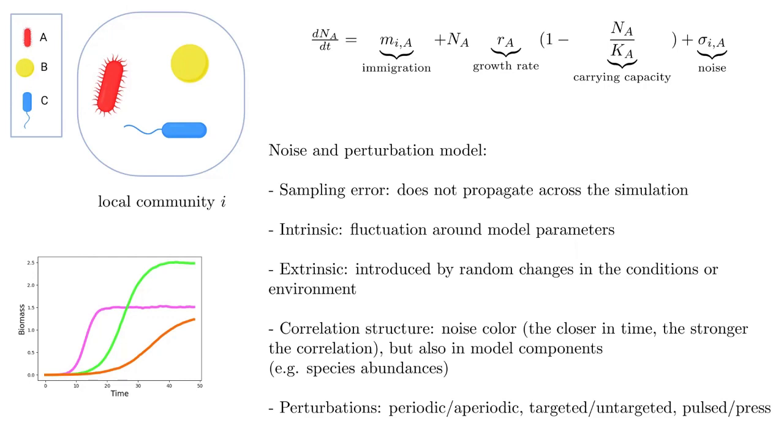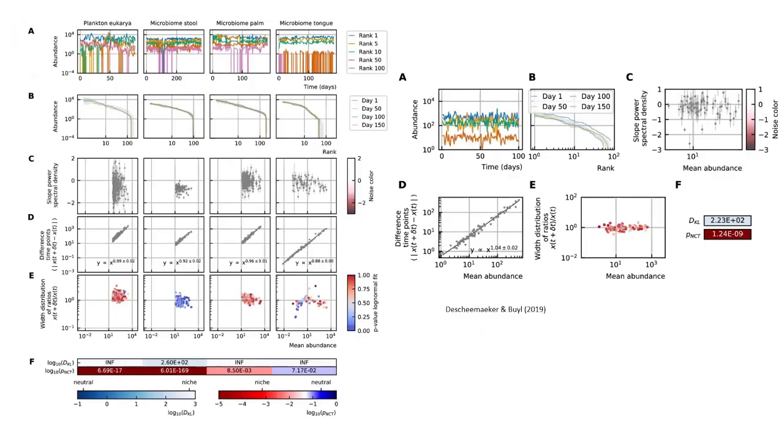So for instance, you can be taking antibiotics for a period of time, or you can just take one dose of antibiotics or something like that. So this noise model is implemented in MiaSim, and every time I refer to noise, you kind of have to sort out these different factors in your model.